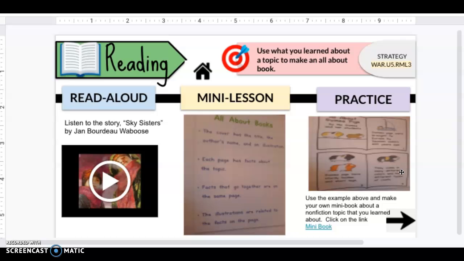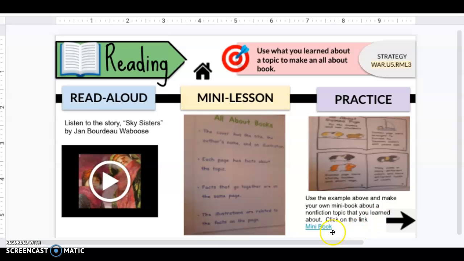So as you read today, or hopefully you've read a nonfiction book already, I want you to think about how you are going to make a book to show what you have learned. As you put your book together, think of how you're going to organize it, draw pictures, use the example above here to make your own mini book about a nonfiction topic.